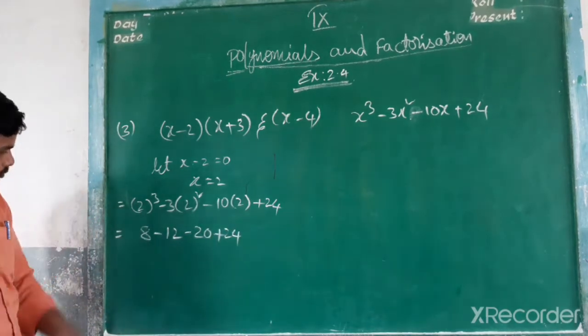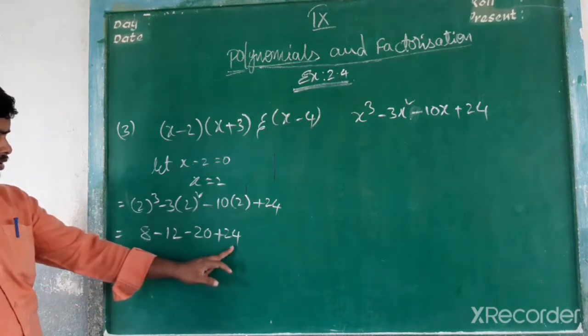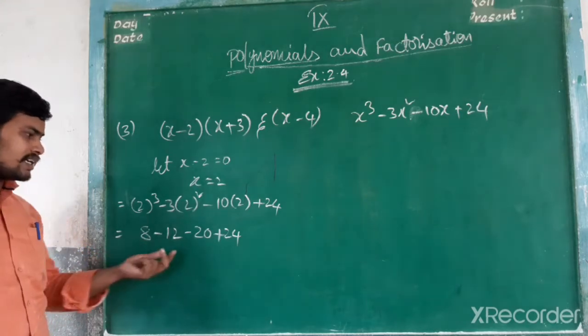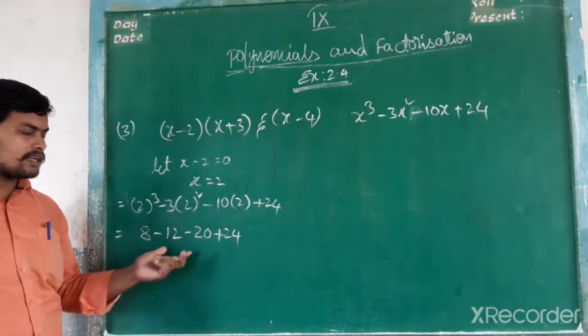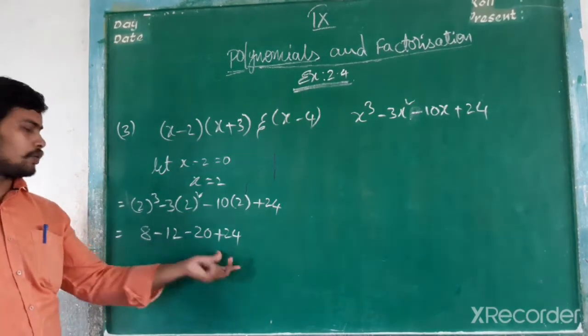Okay, 8 plus 24, here plus 8 is there, plus 24. So I have to add simply the positive values: plus 8 plus 24 is plus 32.